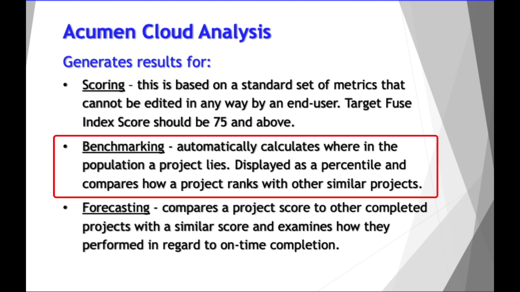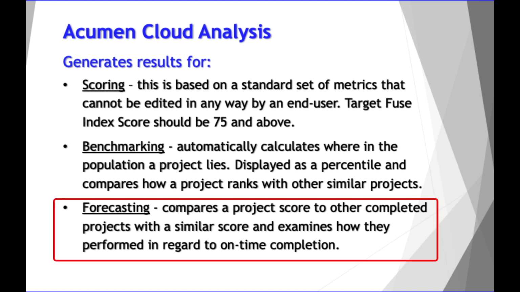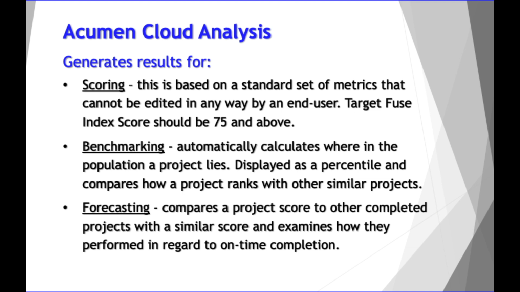Next, we have benchmarking, which automatically calculates where in the population your project lies. This is displayed as a percentile and compares how your project ranks with other similar projects. Lastly, we have forecasting. This compares your project score to other completed projects with a similar score and examines how they fared in regard to on-time completion.